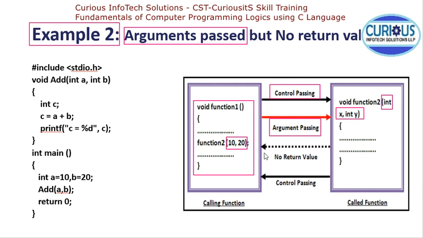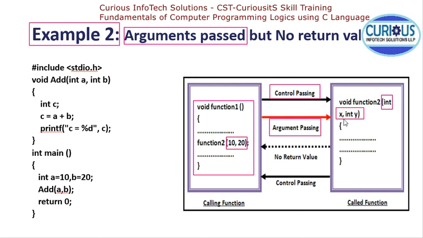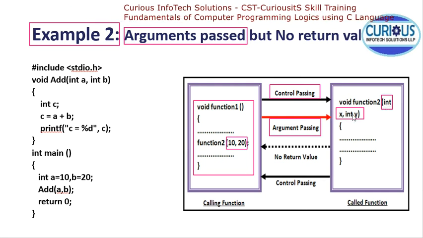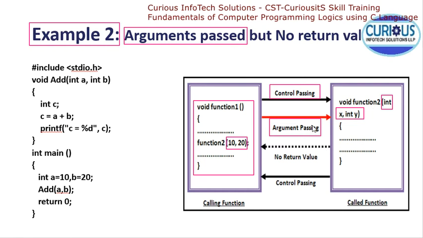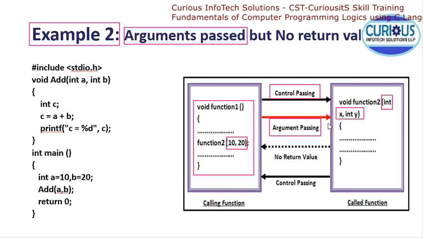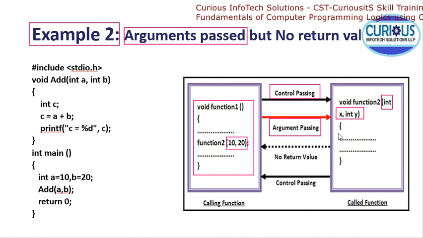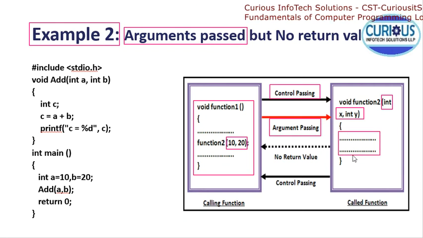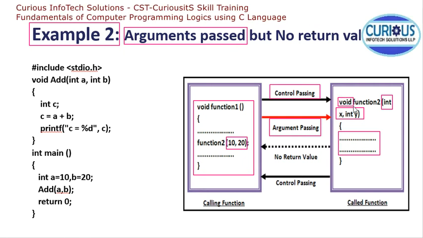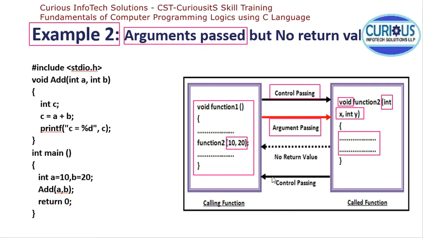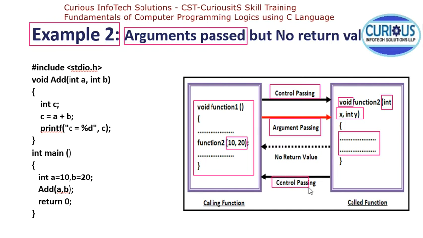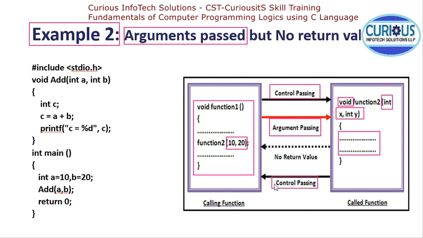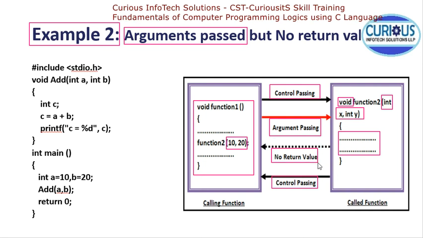This argument will immediately map to the parameter in the called function. So as soon as 10 becomes x and 20 becomes y, you will execute whatever is written in function 2. After this there is no return, meaning void is there, so we directly return to the calling function. This is the control first, and then no return value.